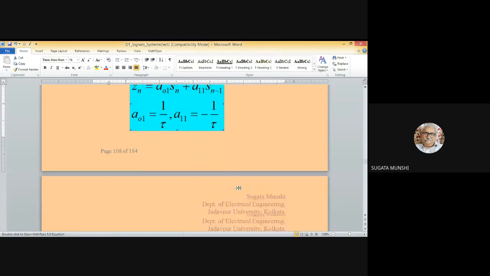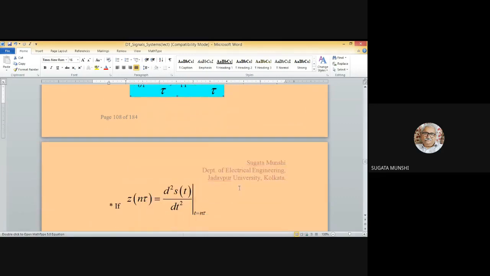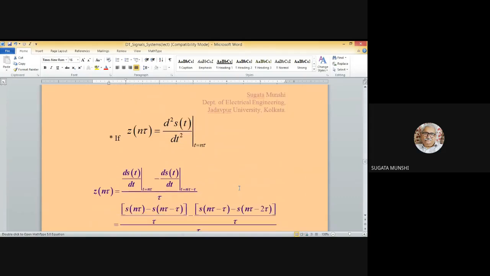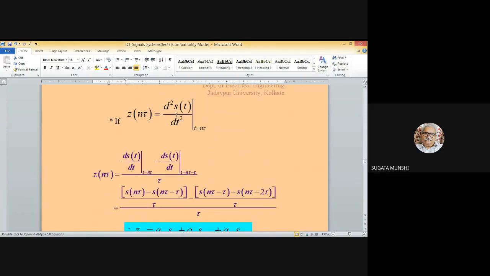I hope you have written it. So if this is the case, z(n tau) is the second derivative of s(t) at the sampling instant.